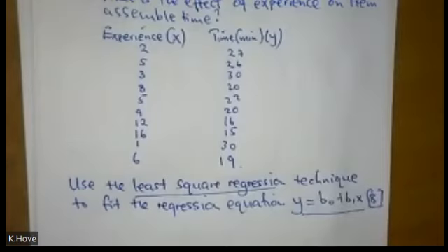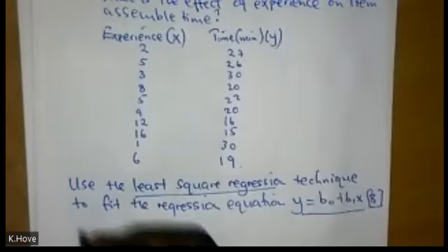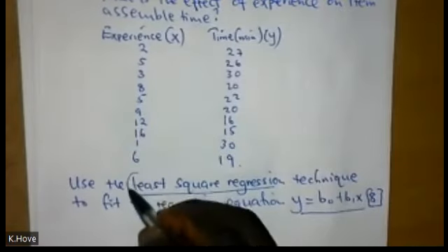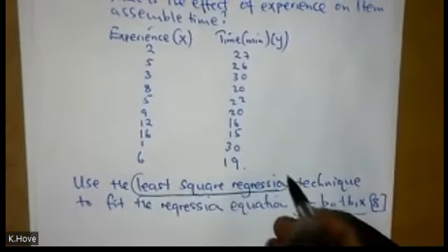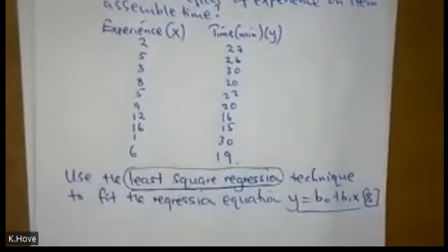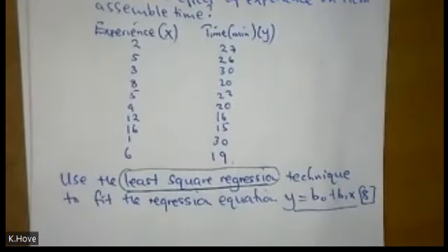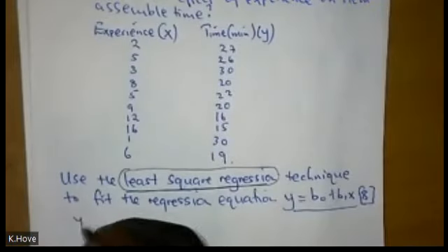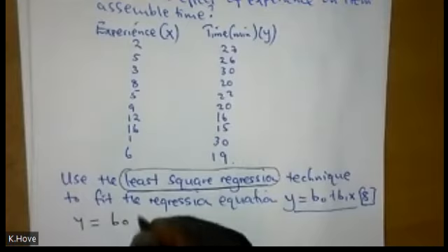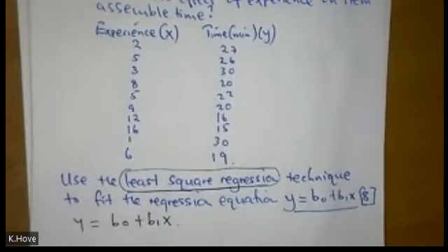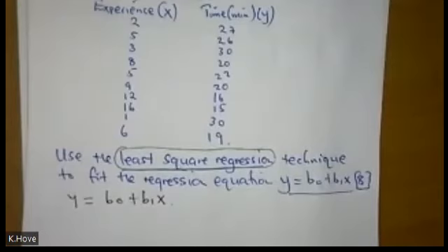Now, let me put some few notes here. I want you to try and read a bit about the meaning of least squares. I'm not going to explain it here. I will leave that to you. But using that, Y is equal to beta naught plus beta 1x. That is the simple linear regression. What is beta naught?